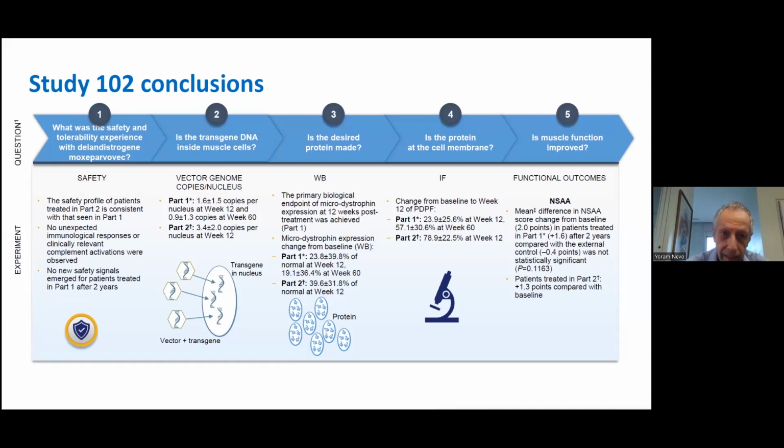We can see that after 2 years, in each muscle cell, or in nuclei actually, there was about 3.4 on average transgene, which is quite nice. And we expect dilution over time, because of replacement of the muscle cells over time. So this is quite nice results.